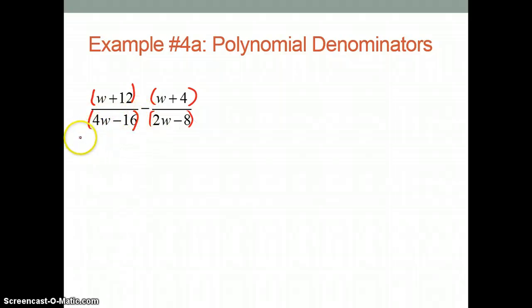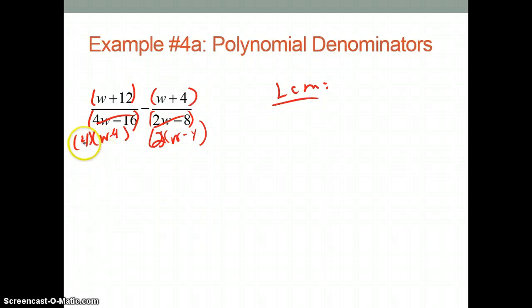Now we're going to take this and we're going to factor it because anytime we can, we want to. So w minus 4, we can pull out a 2 here, and it's w minus 4, so that's going to be convenient. Now we look at our bottoms and we say, these are our new factors. So out with the old, in with the new. Our LCM here, 4 and 2.